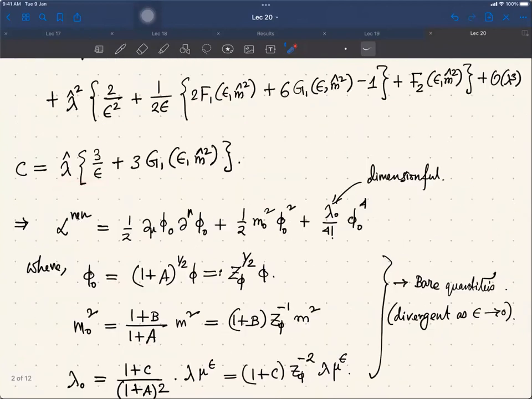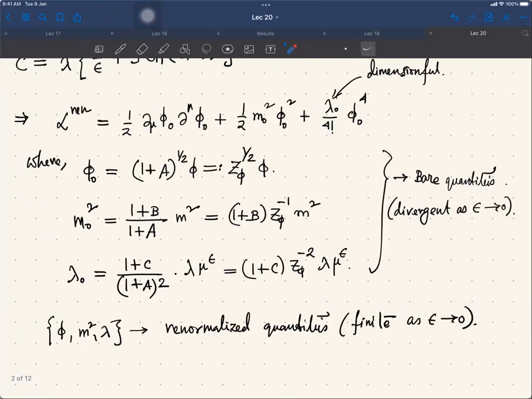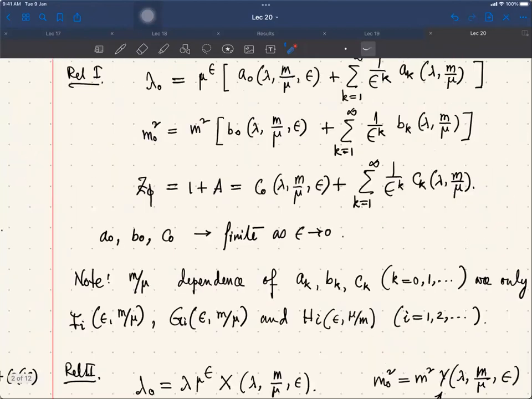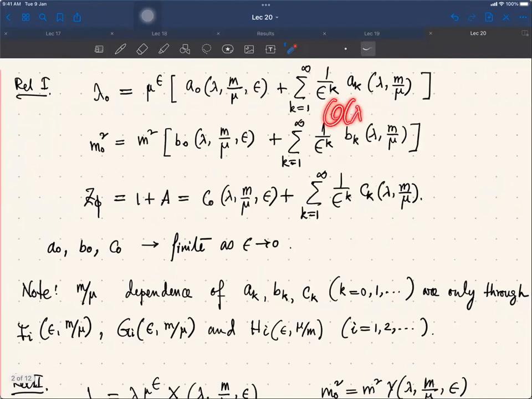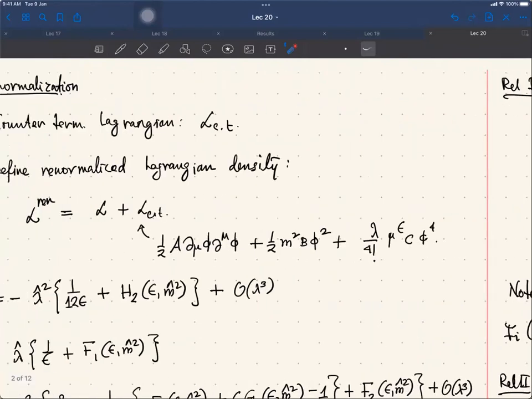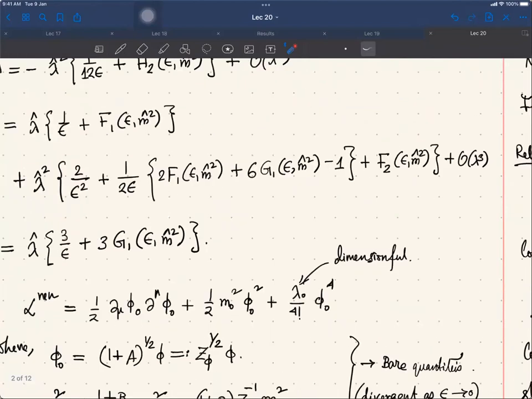So C has a pole of order 1, but at order lambda. So that term will give you an order lambda contribution to A1. So we have basically calculated A1 up to order lambda square.